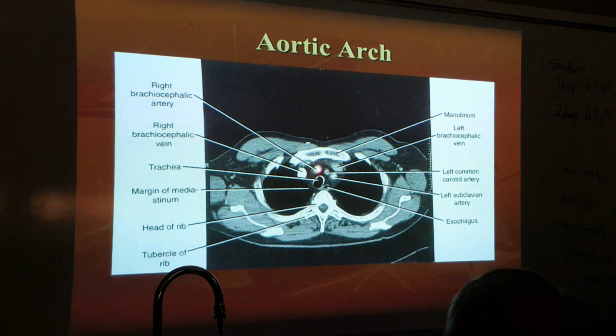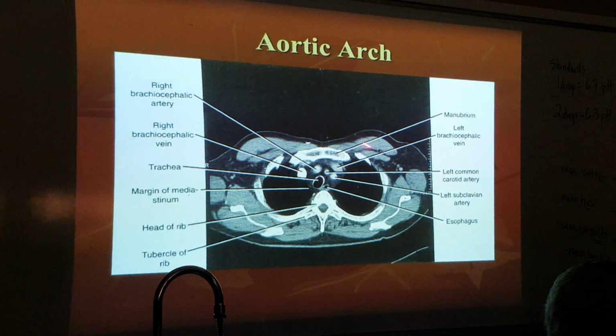There's the brachiocephalic trunk, period. Then here we have the left common carotid artery and the left subclavian artery. This is the right brachiocephalic vein. And you can see a little bit of the left brachiocephalic vein coming across to join it. And this is the trachea, which you tend to see in that region.